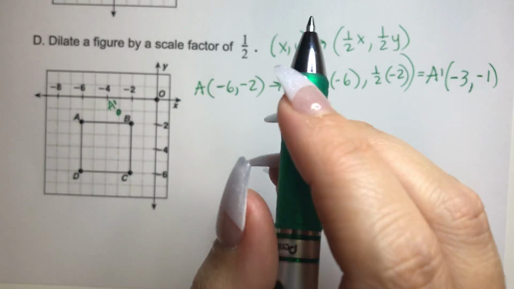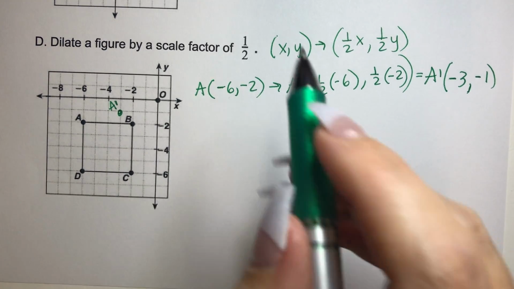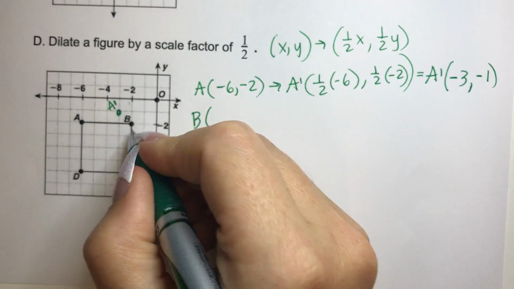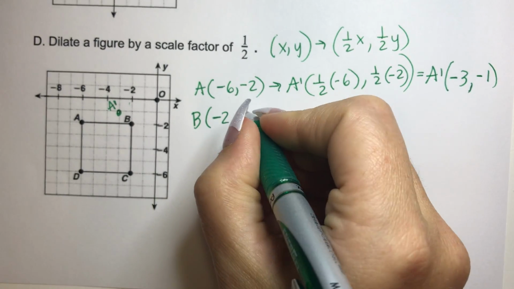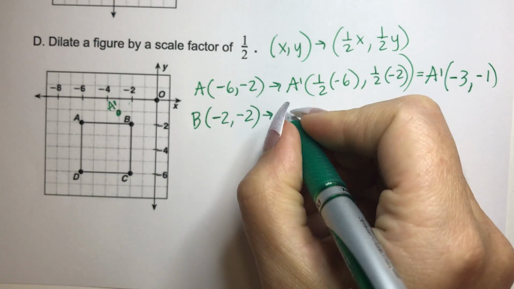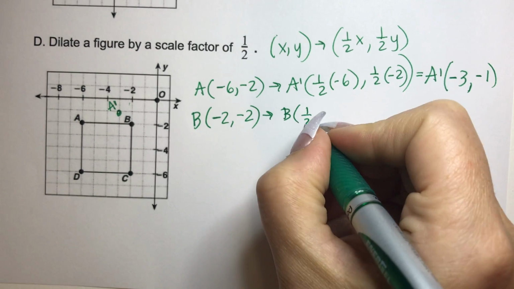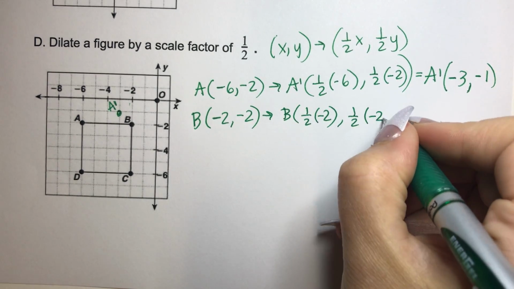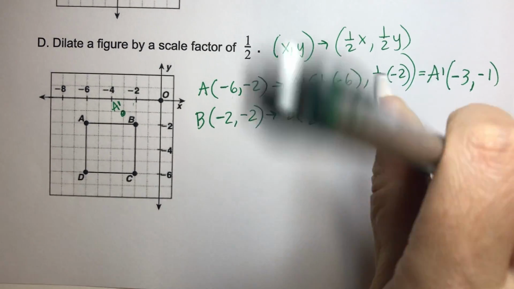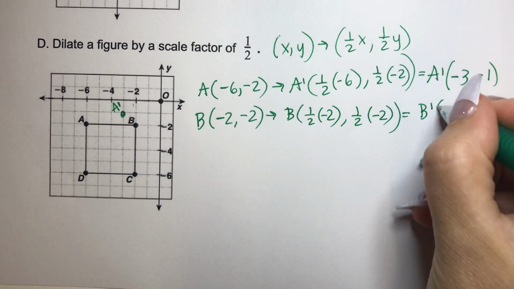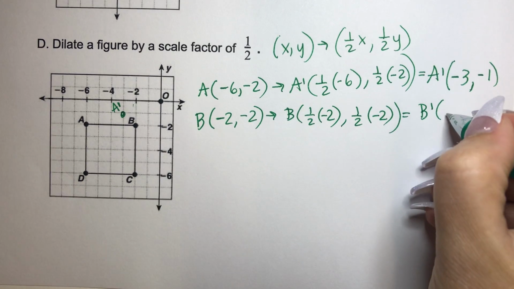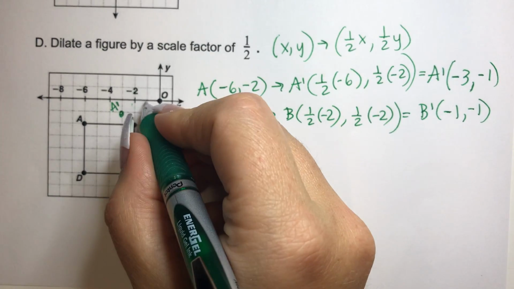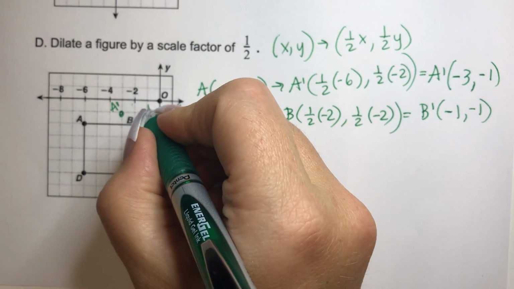Okay, let's go on to B. B is negative 2, negative 2. And our scale factor is 1/2, so 1/2 times negative 2, 1/2 times negative 2. That gives us for B prime, 1/2 of negative 2 would be negative 1. So we have negative 1, negative 1. That is our B prime.